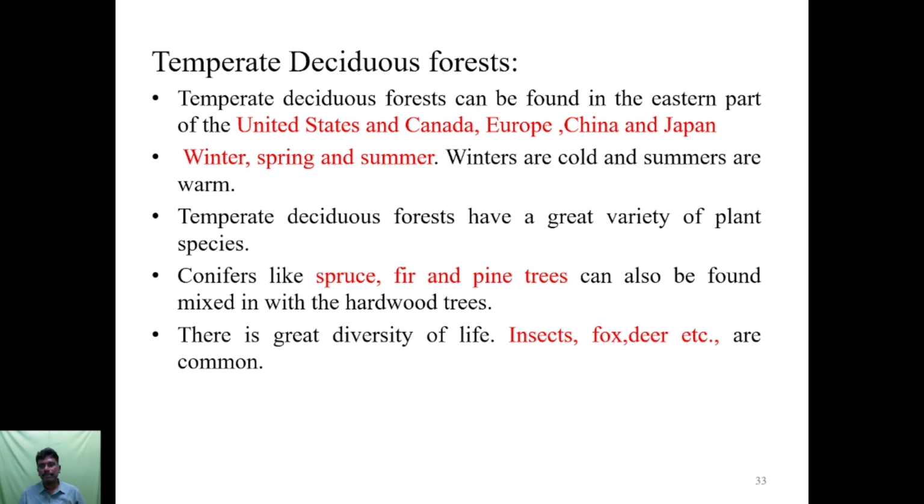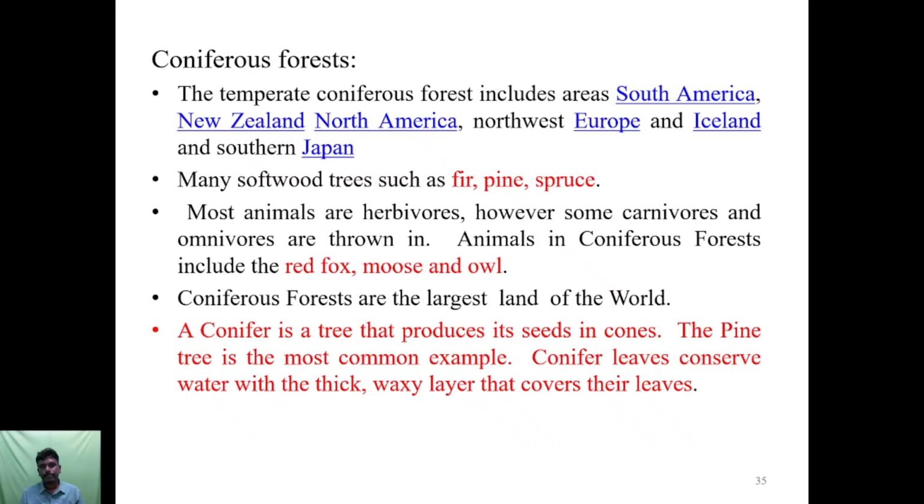Temperate deciduous forests have a great variety of plant species; spruce, fir and pine trees can also be found mixed in with the hardwood trees. There is great diversity of life. Many insects, different types of fox, deer, tigers, lions are commonly available in this type of forest.